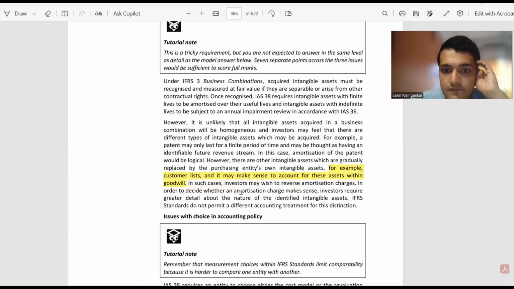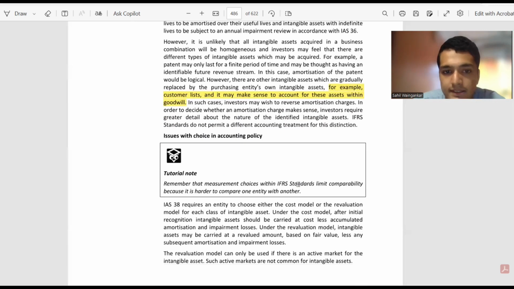In such cases, investors may wish to reverse amortization charges in order to decide whether an amortization charge makes sense. Investors require a greater deal of information about the nature of identified assets. तो हमको just to determine the amortization charge उसके nature के बारे में पता होना चाहिए asset के.